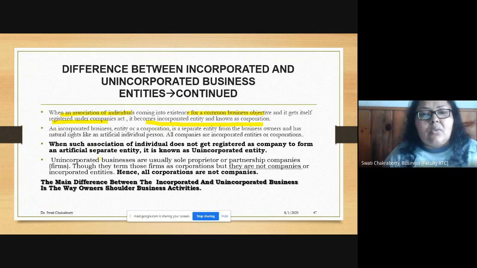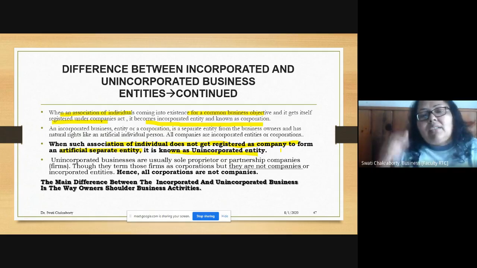So what happens when an association of individuals does not get registered as a company to form a separate entity? That is what is known as an unincorporated entity or unincorporated business, just as I said.